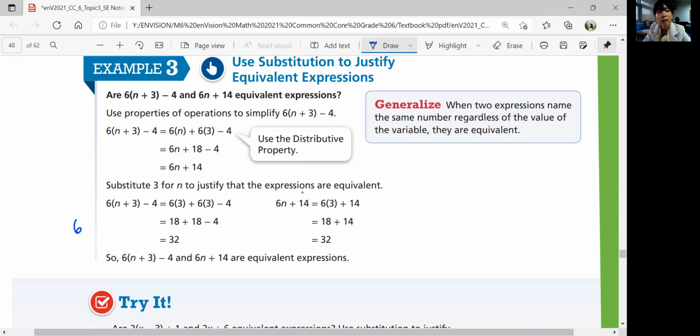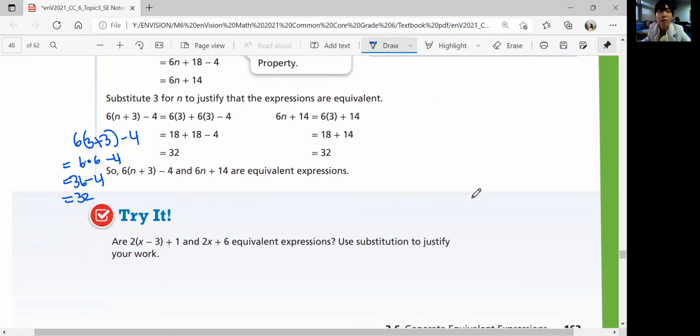Or you can directly put 3 plus 3 over here in the parentheses and solve the parentheses first. And then you have 6 times 6 minus 4. And you have 36 minus 4. And then you have 32. Okay? So either way, you should get 32. And if you plug in any other numbers, they should all get the same values. So they are equivalent expressions.